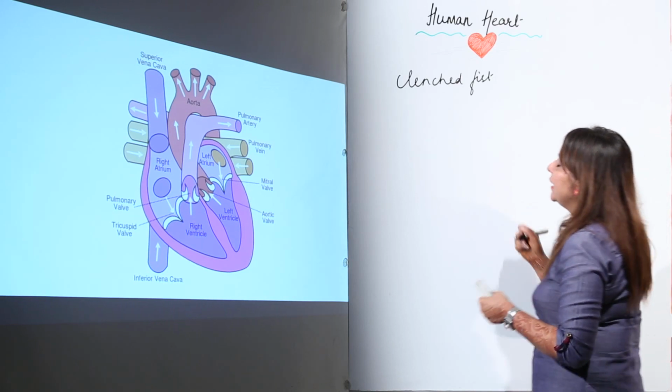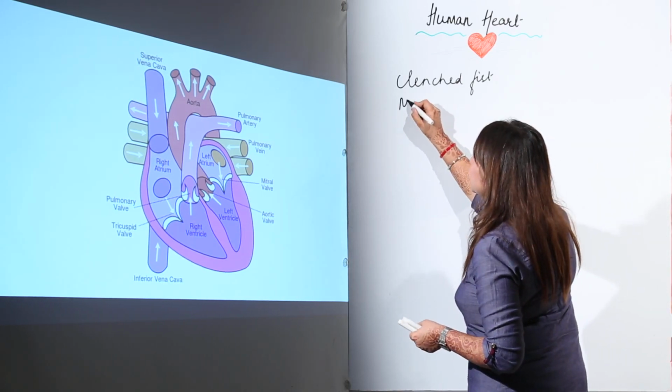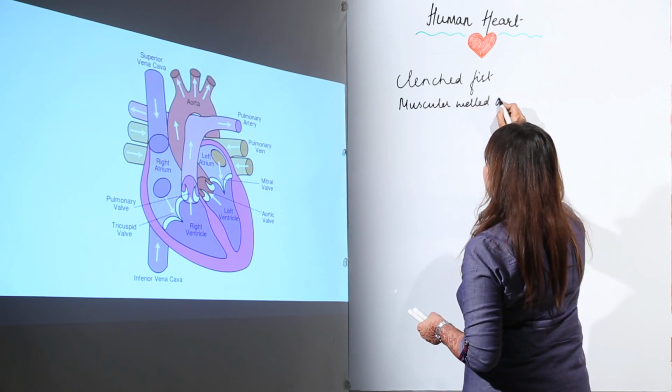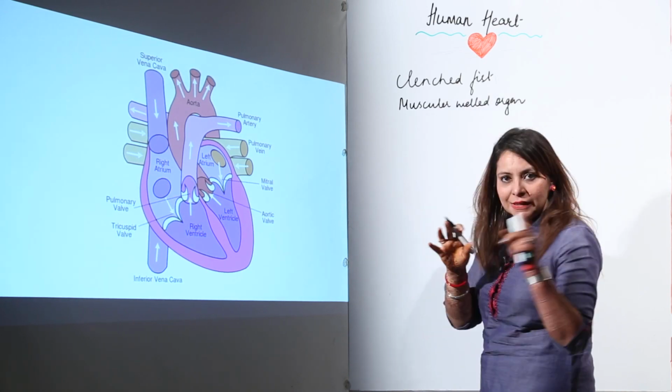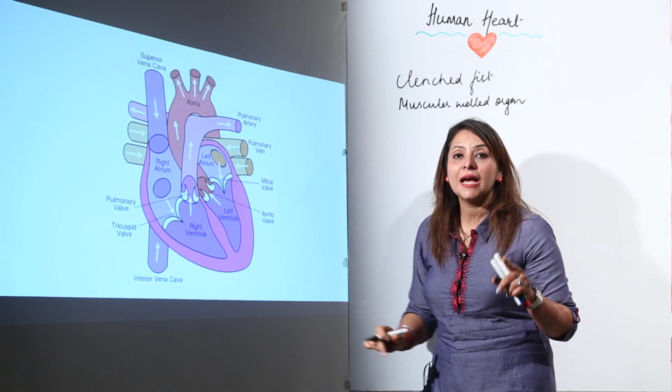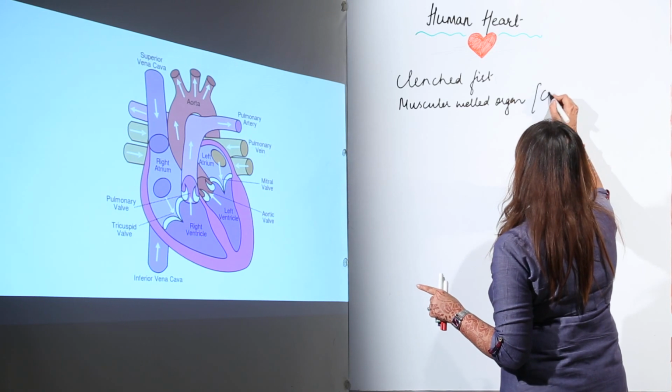The first thing is that the heart is a muscular walled organ. That means it has muscles around it, and it has a very important muscle, the cardiac muscle.